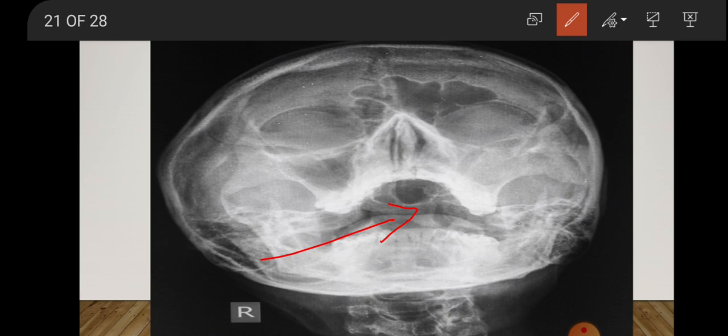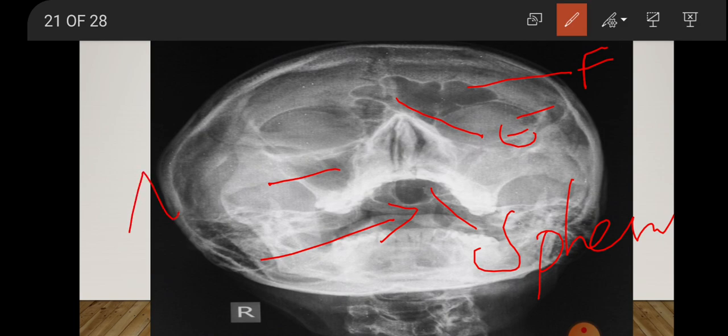So this sinus, which is visible here, is the sphenoidal air sinus. And this is the frontal, and this is ethmoidal, and here you see the maxillary air sinus. I think you have this X-ray for your viva.